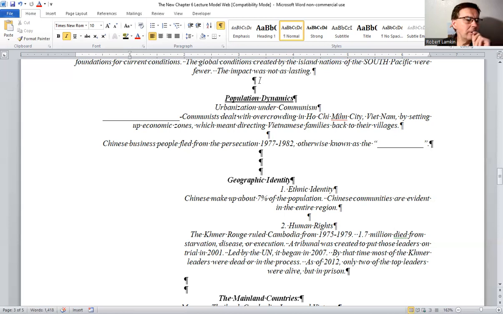At that time they were really taking the brunt of the communist persecution, otherwise known as the boat people, thousands leaving, risking life and limb, along with Vietnamese who had helped the Americans, on rafts, trying to get to other places in the region.